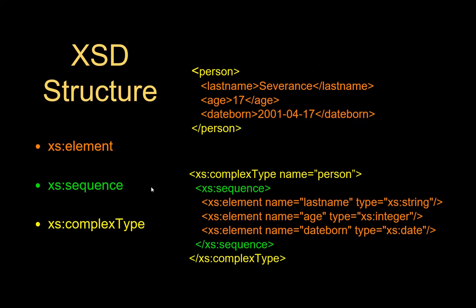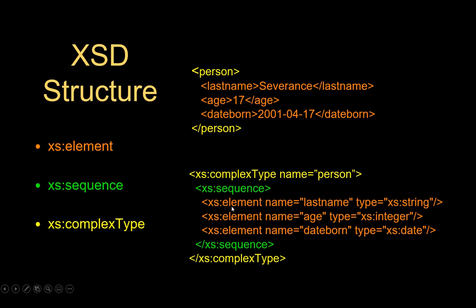So another structure example that we have for the XSD here. We have our element, which is identified by orange. Here we have, for example, last name, age, date of birth, and this is the identical structure that we discussed in a couple of previous slides. We have sequence here.